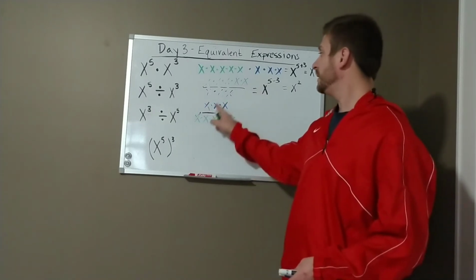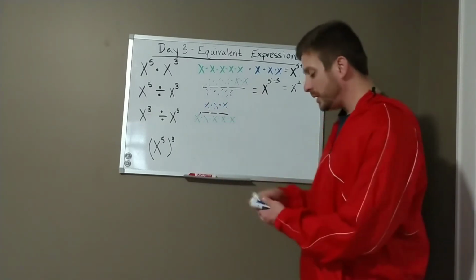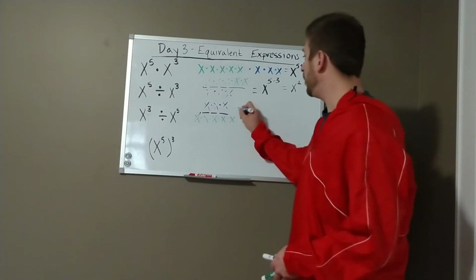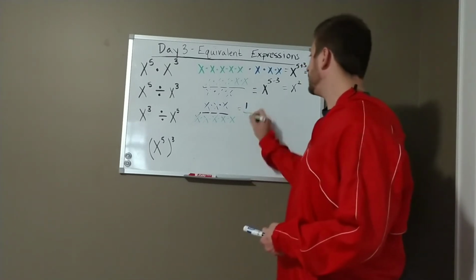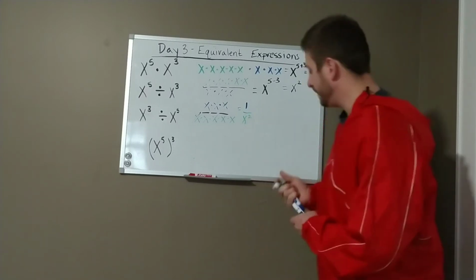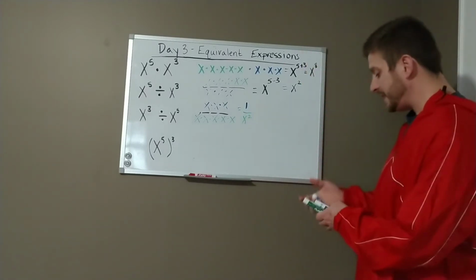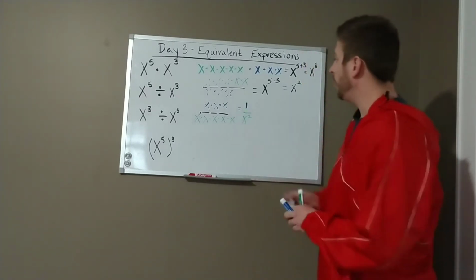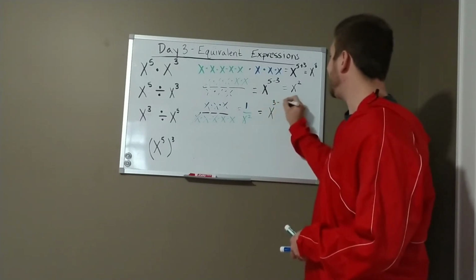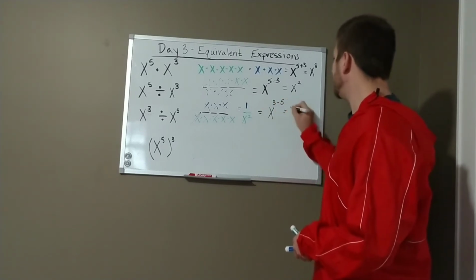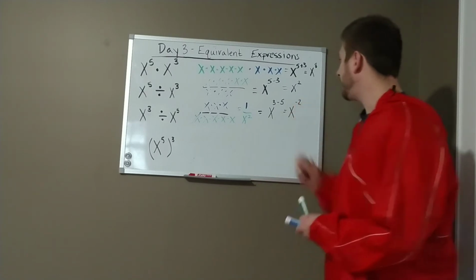Cancel 1, cancel 2, cancel 3. And that's going to leave me with 1 on top and x squared on the bottom. If we kept to the same idea here that we took away, this would be x to the 3 minus 5, which is x to the negative 2nd power.